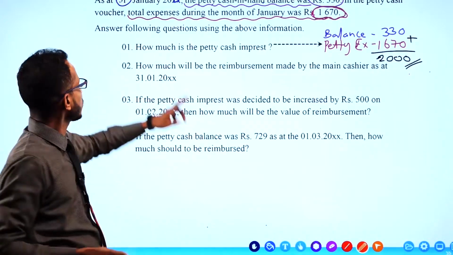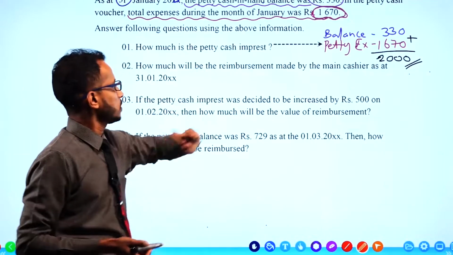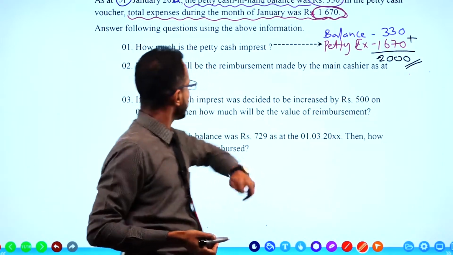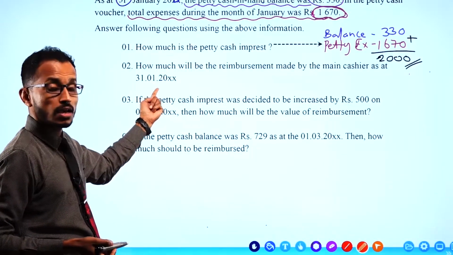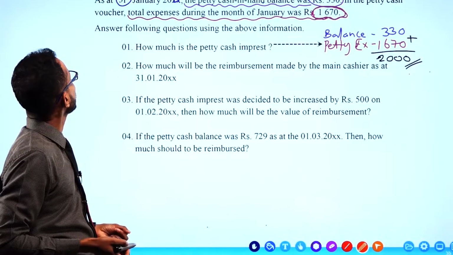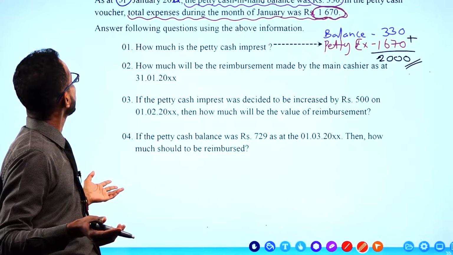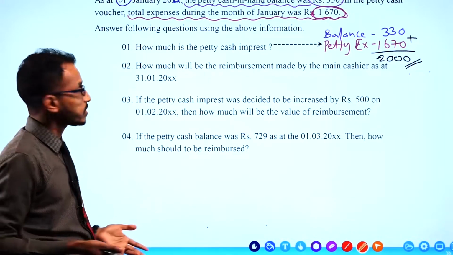Got it? How much will be the reimbursement made by the main cashier as at 31st January? That's what they're asking.